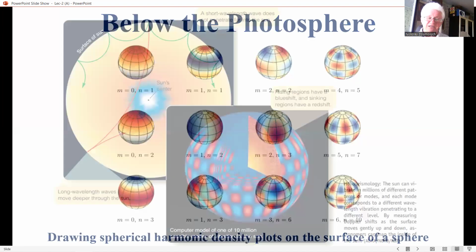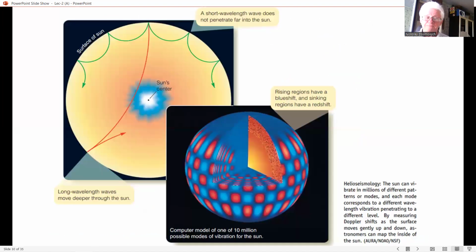Astronomers can detect these vibrations by observing Doppler shifts in the solar surface. As a vibrational wave travels down into the Sun, the increasing density and temperature curve its path, and it returns to the surface, where it makes the photosphere move up and down by small amounts, roughly plus or minus 15 kilometers.